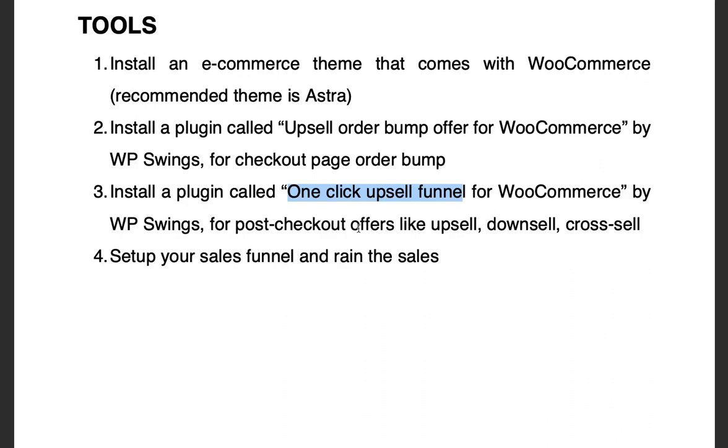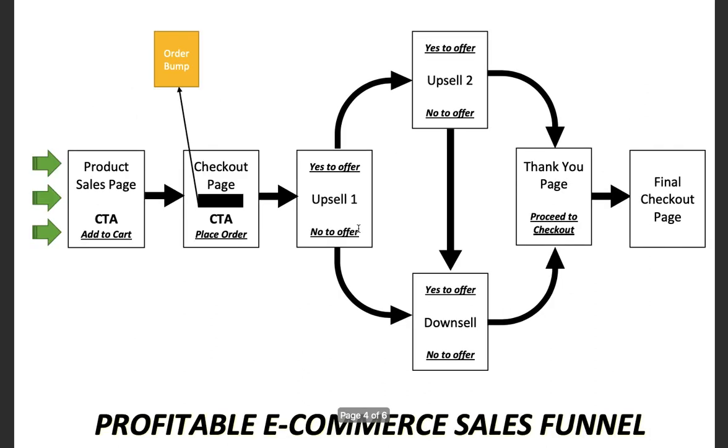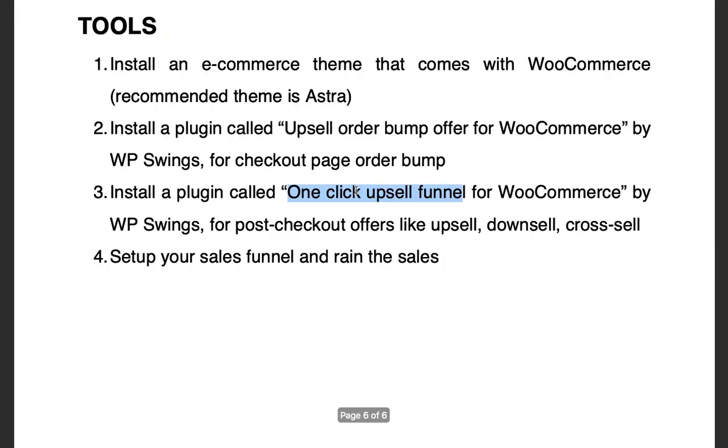That's post purchase offer. Like I explained, everything here after this checkout page and the order bump offer is called post purchase offer. So this is the reason, in order for us to create this kind of funnel exactly, we are installing this particular plugin.